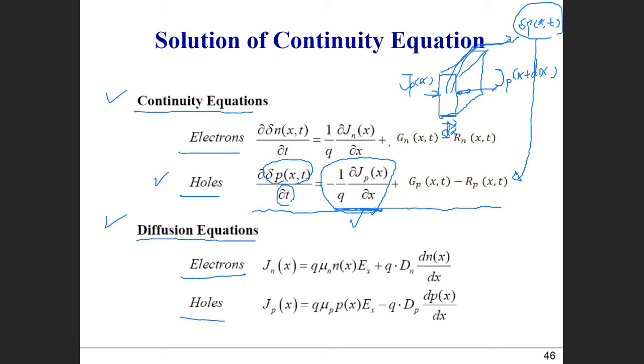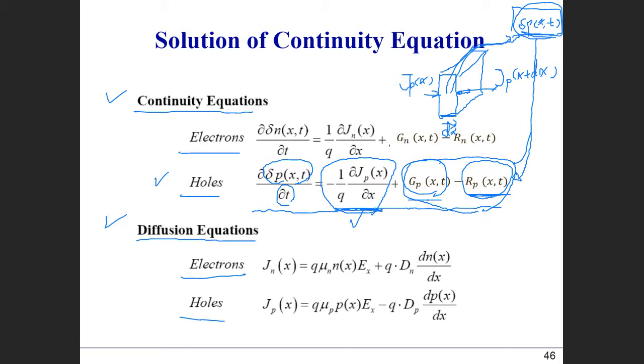And then another term: if the material supports generation, that will also change the concentration.